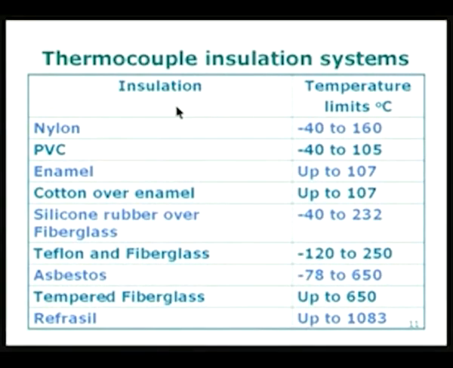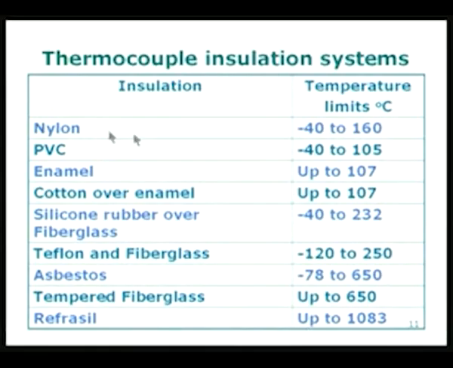That means we need some electrically resisting covering around the two wires, and the covering material can be of different types, and these insulation materials are given in this table.